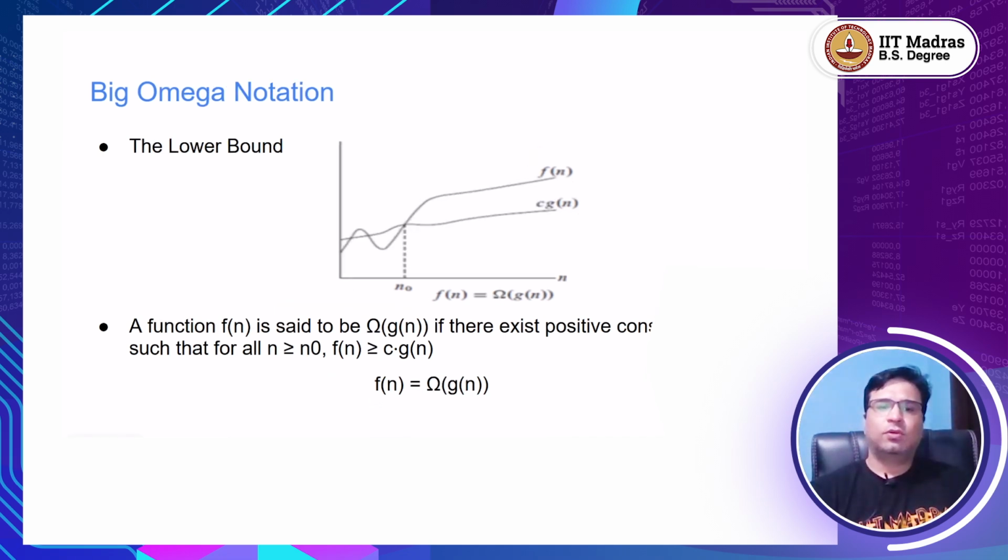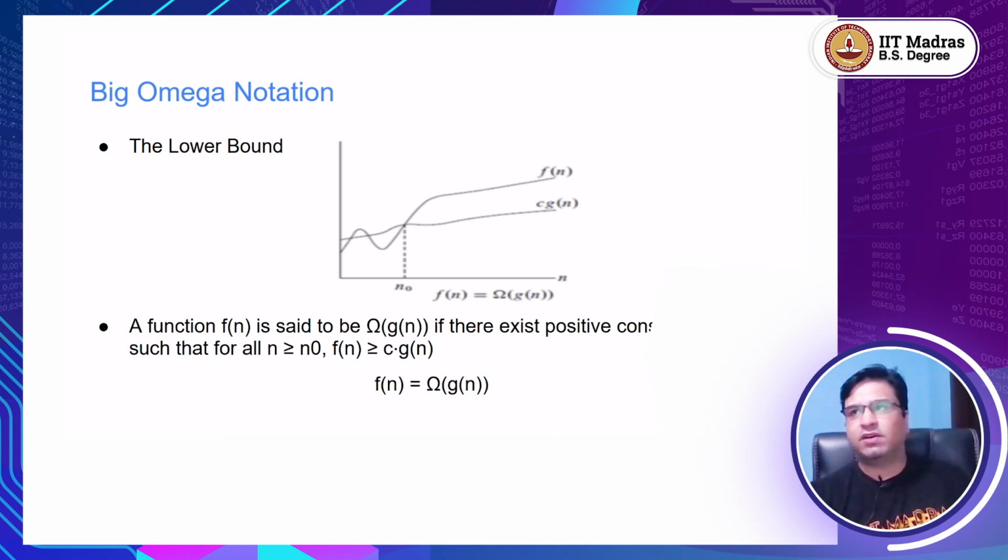Next is big omega notation. Big omega describes the best-case scenario, or a lower bound. It tells us the algorithm will take at least this much time or space. So if an algorithm is omega of n, it means its running time will at best grow linearly with the input size.